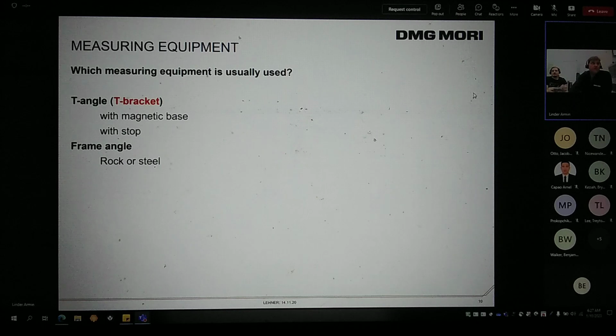And then we have frame angles. You can have it with a ground rock or with a ground steel. That's sometimes different. And also, if you don't have a frame angle or something else, you can use a parallel bar, mostly steel and also rock or steel. And then we have leveling devices.